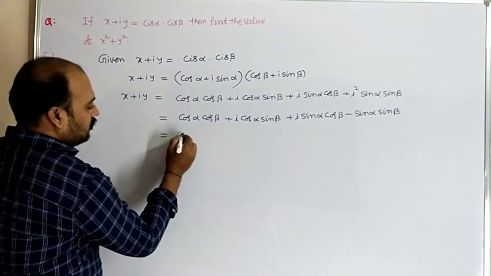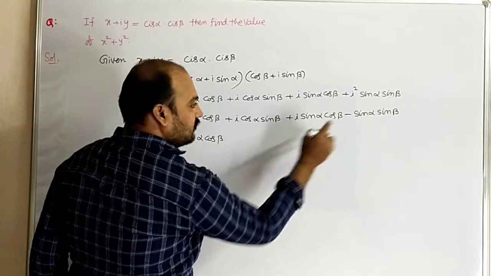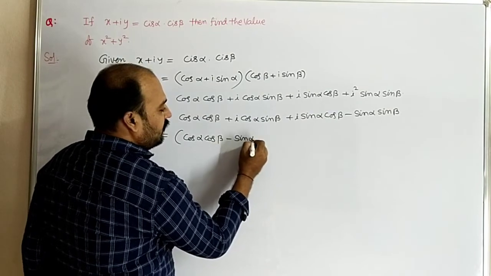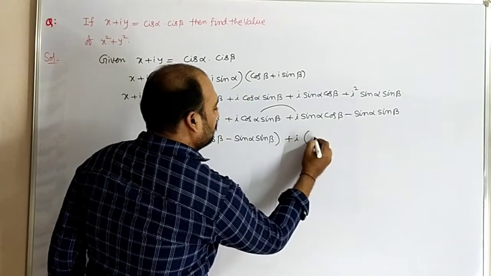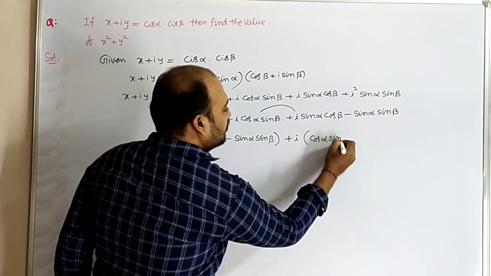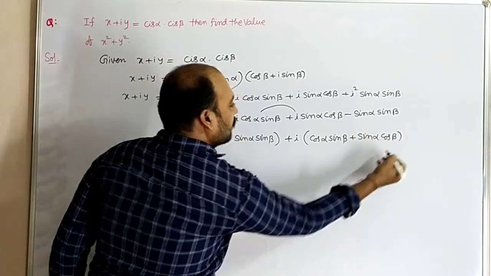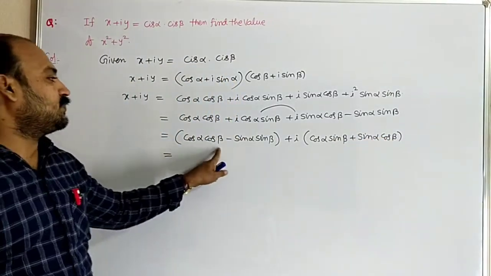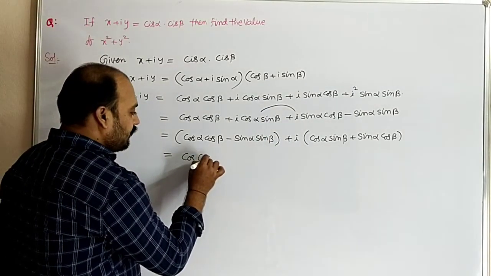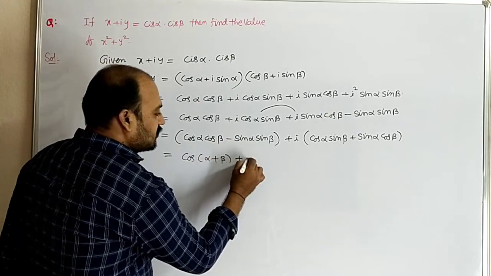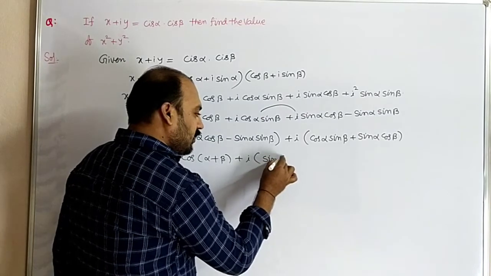So now the real part: cos alpha cos beta minus sin alpha sin beta, plus i, from these two I take common, cos alpha sin beta plus sin alpha cos beta. This is cos A cos B minus sin A sin B, which is cos of A plus B. So cos of alpha plus beta, plus i into sin A cos B plus cos A sin B, which is sin of A plus B. So sin of alpha plus beta.